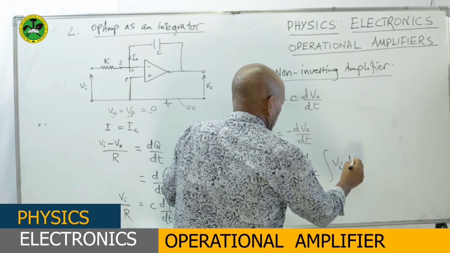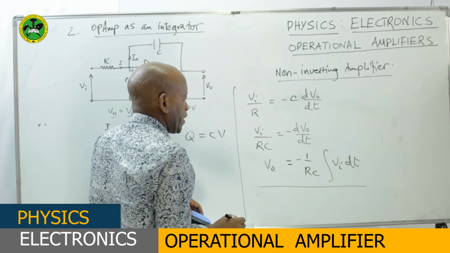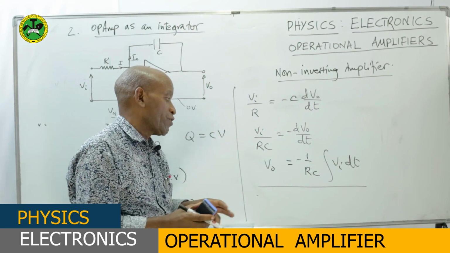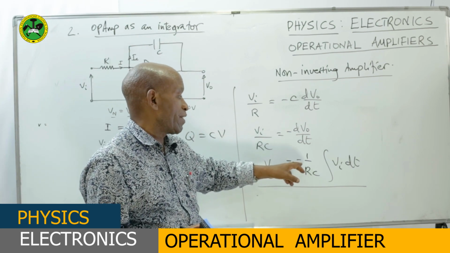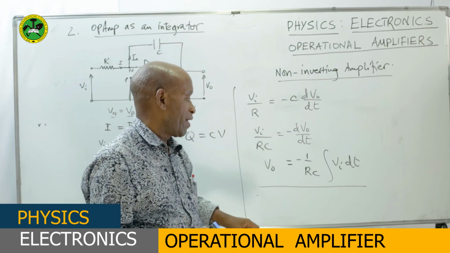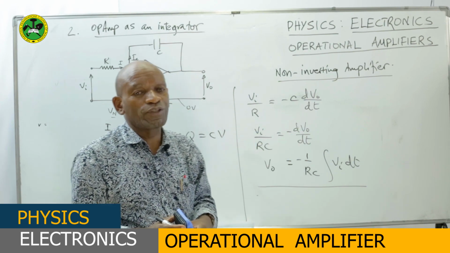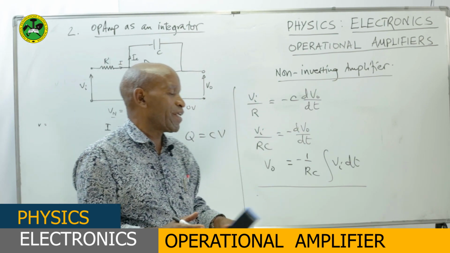This will be our final expression, which shows that the output voltage V0 is inverted because of the negative sign which appears there. And eventually you can compute and obtain the output voltage.